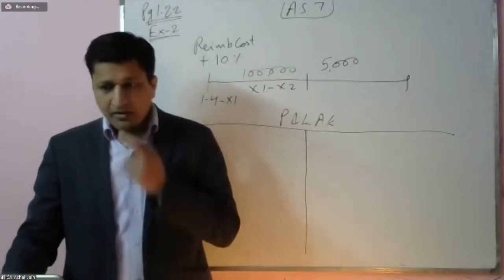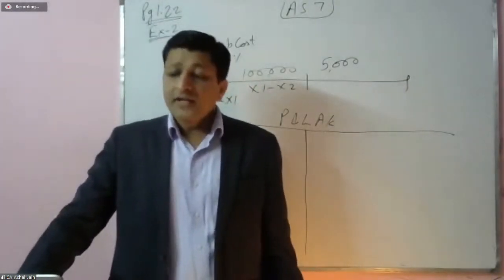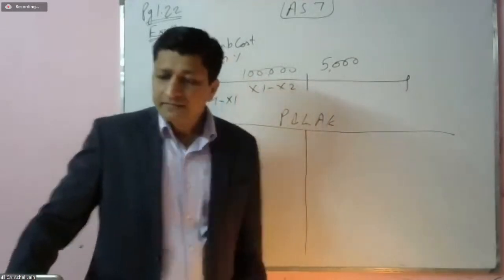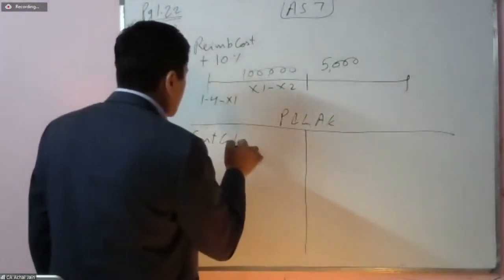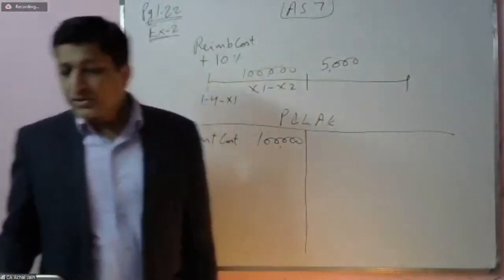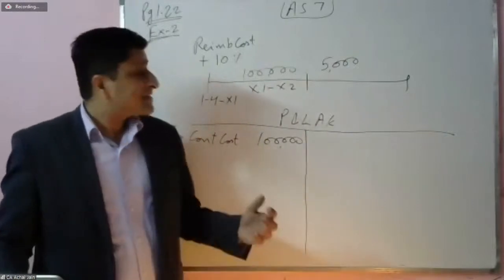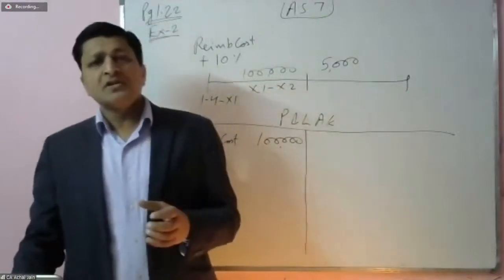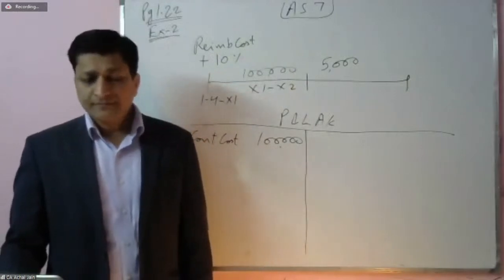Now, secondly, if you look at this contract, the company incurred a cost of rupees 1 lakh. That will of course go to the P&L. So the contract cost is 1 lakh, and this cost goes to the P&L. Now the question arises around the cost which is going to be reimbursed and which can therefore be considered as the revenue for this particular year.